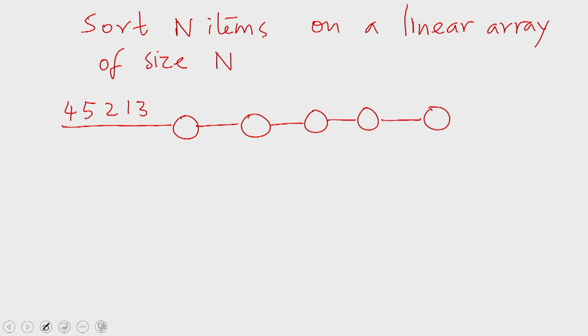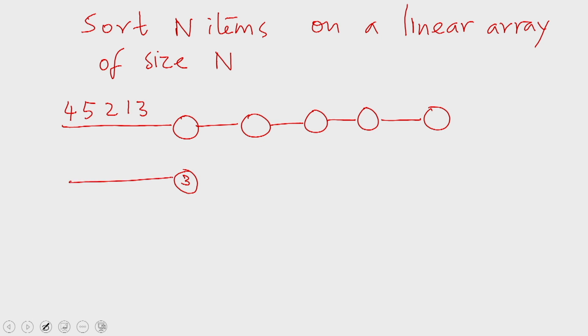So before the first step, input element 3 is waiting to enter the first processor. So this is the state of the processor before the first step. So in the first step, only processor 1 is active. The processor 1 had a message waiting for it. So during this step, the message will be delivered to the first processor and that will be stored in the local store of the processor.